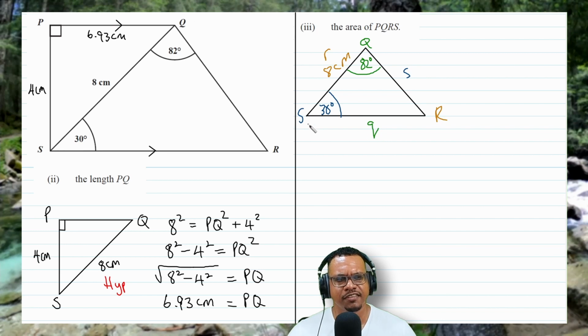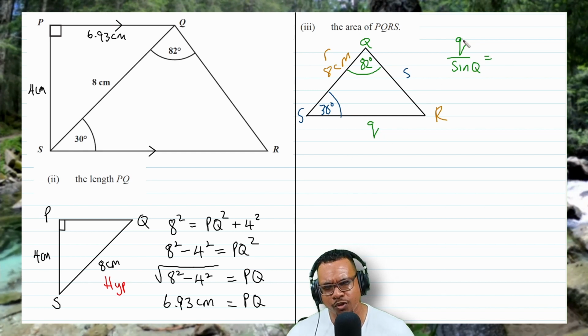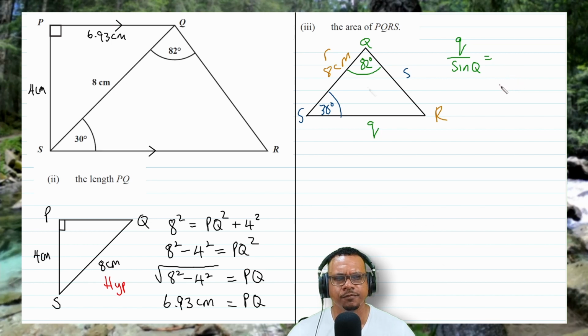Okay, so now we want to find the length of SR. We'll be using q over sine Q. So that'll be q over sine Q is equal to, now we already have our one unknown, which is lowercase q. We know what capital Q is. So whatever we use next here, we must know both the side and the angle. And I've seen that I can't meet that requirement because I know side r, but I don't know angle R. I'll have to go and find what angle R is, which is basically adding up 82 and 30 and taking away from 180.